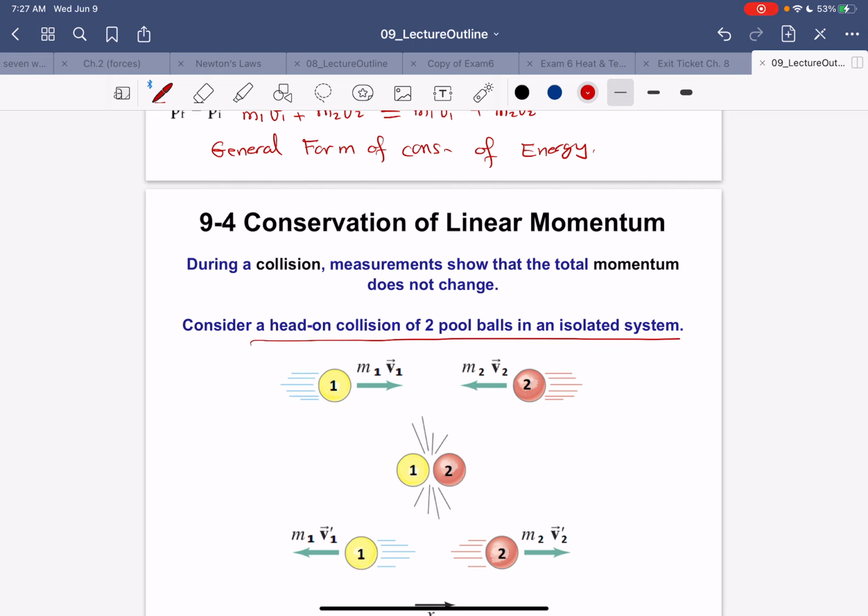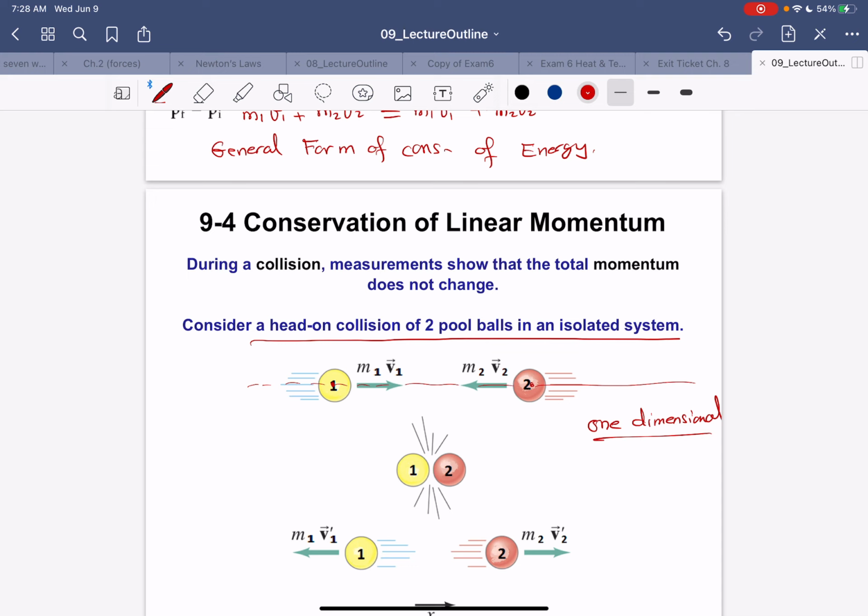Head-on means that their centers are going to be on the same line, which means they will not go into 2 dimensions. This is just 1 dimensional. But we will also talk about 2 dimensional.